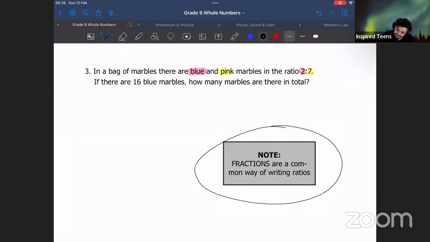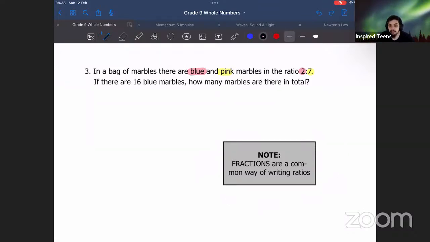As you can see, the note says fractions are a common way of writing ratios. So here we have blue marbles is to pink marbles as a 2:7 ratio. A 2:7 ratio, we can actually represent as a fraction.